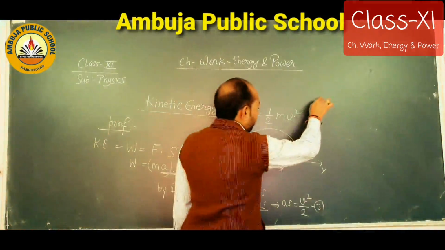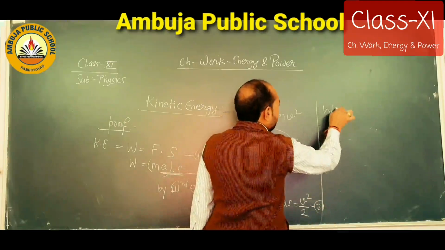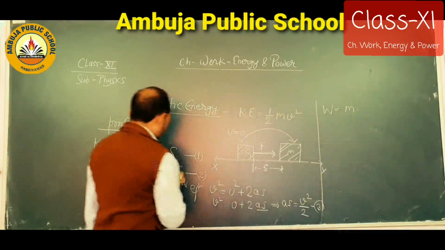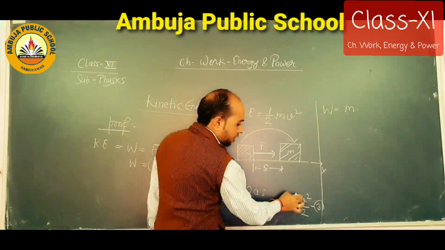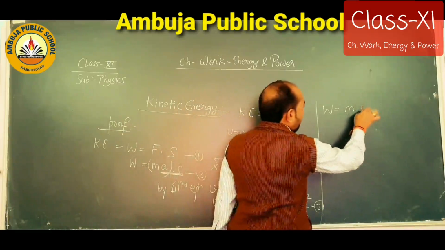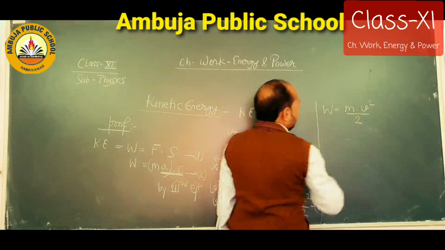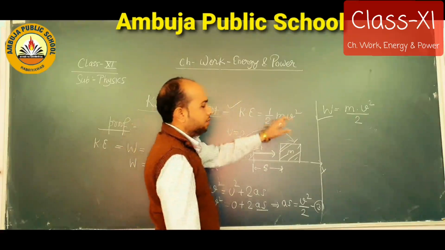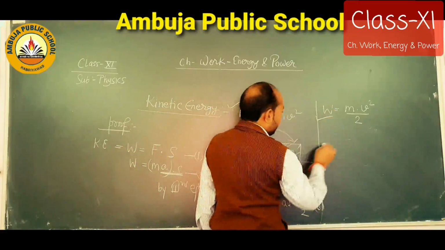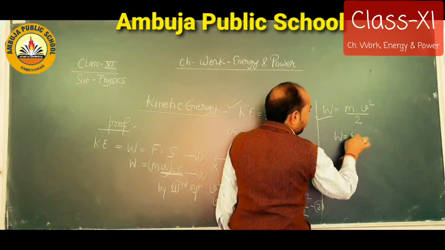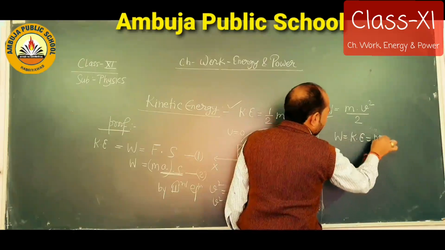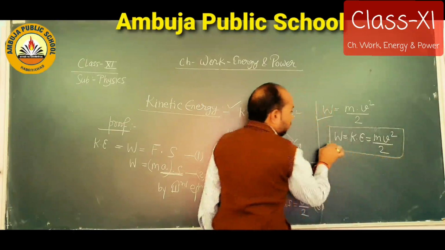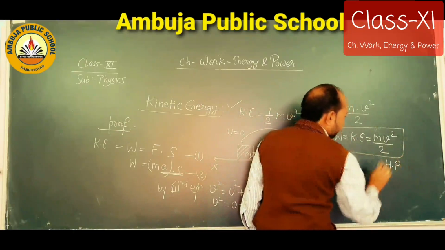So this work done W is equal to m remains same, and this a into s is to be replaced by v square by 2. This equation is just similar to the formula of kinetic energy, half mv square, and we can say this work done is equal to kinetic energy, and this equals mv square by 2. So this is the proof of kinetic energy.